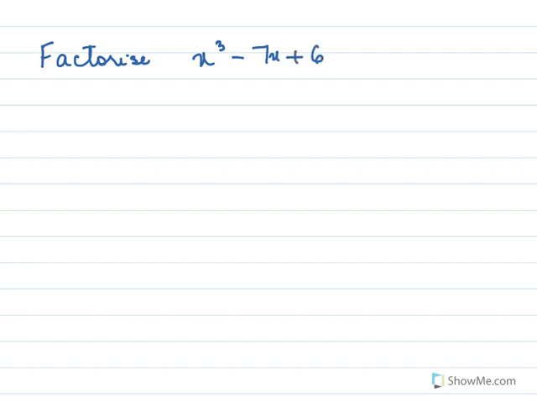No factor is given to us. We've got to find out what the factor is. So let us check and see if x plus 1 is a factor. So x plus 1 equal to 0, x equals minus 1.